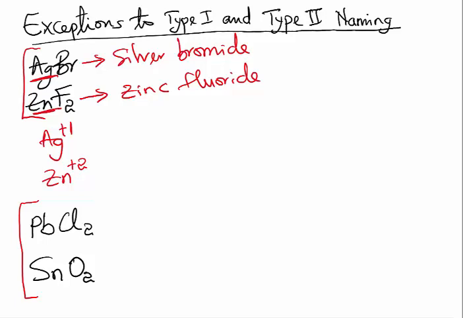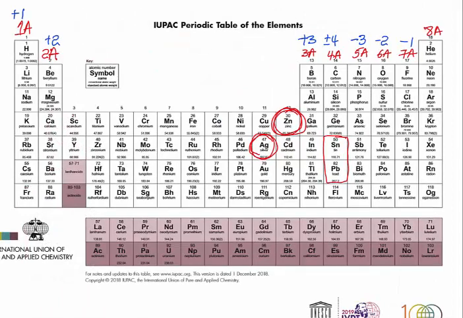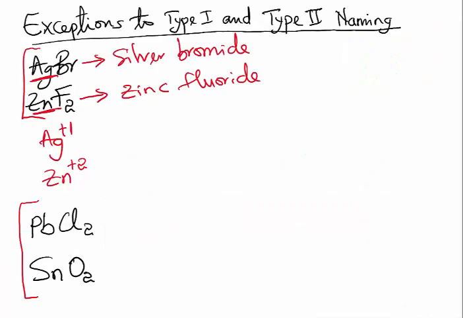Immediately you look at them, you are thinking, lead and tin. They are not transition metals. They are from group 4A. And you are thinking, oh, I should name them like type 1 compounds. So you may be tempted to name the first one, PbCl2, lead chloride.